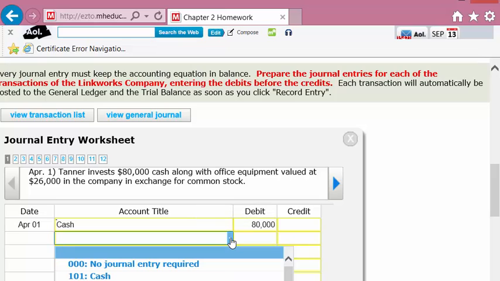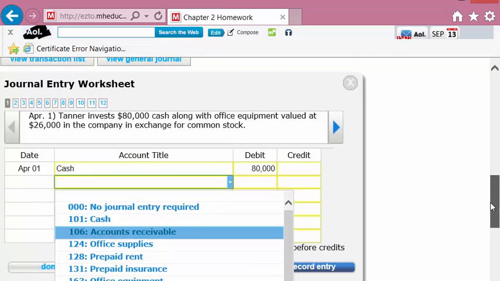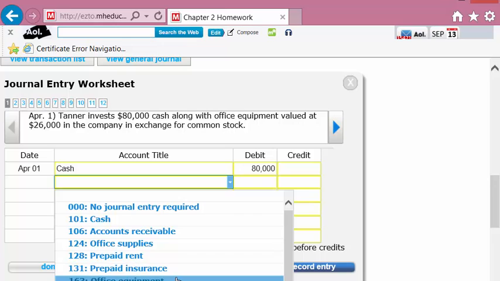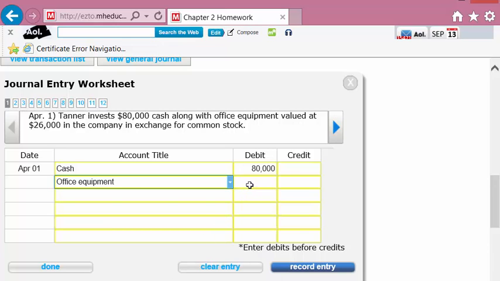Okay, so I'm going to go ahead and debit my office equipment. Not office supplies, it's office equipment, isn't it? Okay, and so that's 26,000, a debit. So she brought that in. Okay, so I got that 26,000.